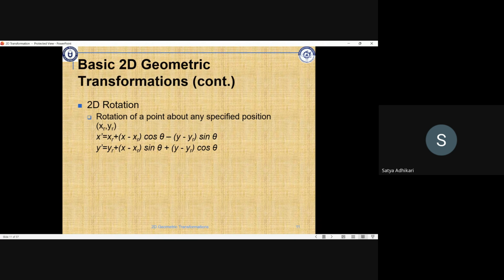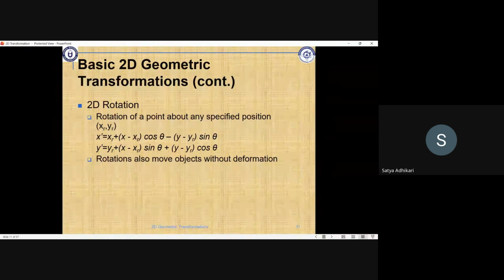The same formula is used, but here it is the formula for rotation of a point about any specified position xr, yr. So rotation also moves an object without deformation. That is, only the object is rotated, but the other components remain unchanged. Only the rotation happens; the shape and size remain unchanged.